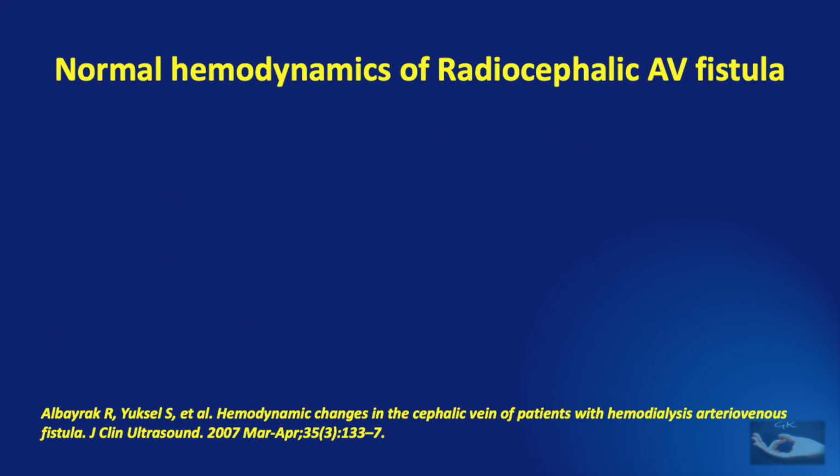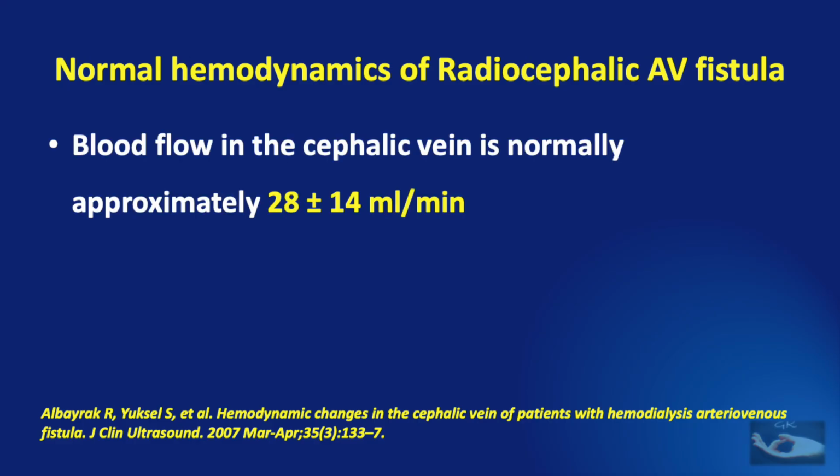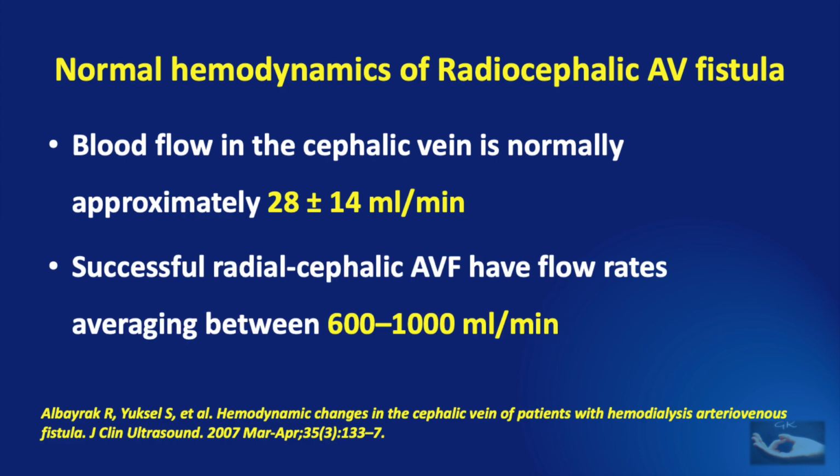When we try to understand the normal hemodynamics of the radiocephalic AV fistula, blood flow in the cephalic vein is normally approximately 28 plus or minus 14 ml per minute only. But after it has been incorporated into the AV fistula and it is successful, it will have flow rates averaging between 600 to 1000 ml per minute.